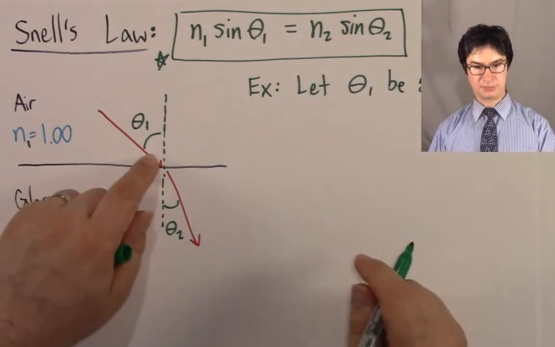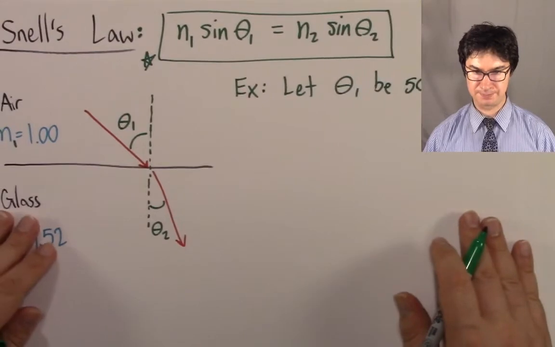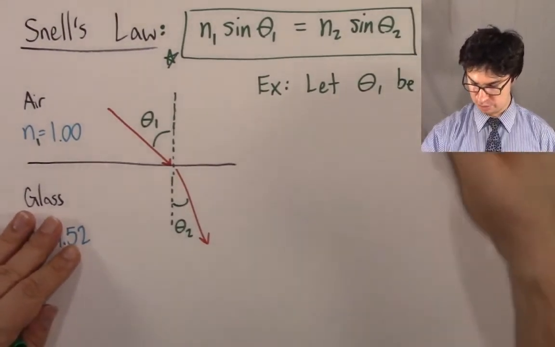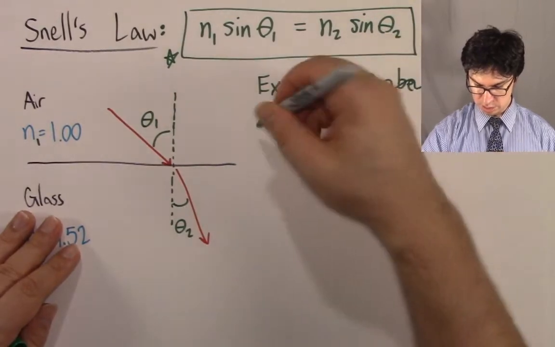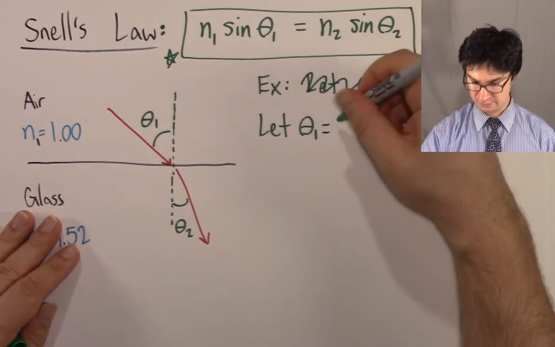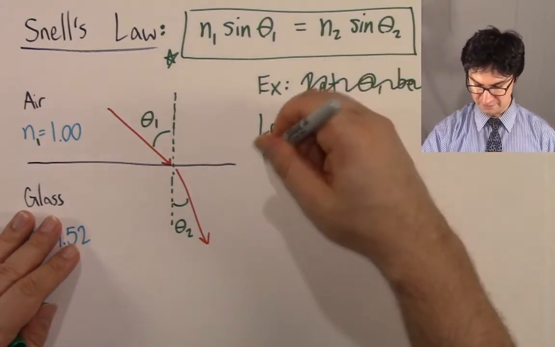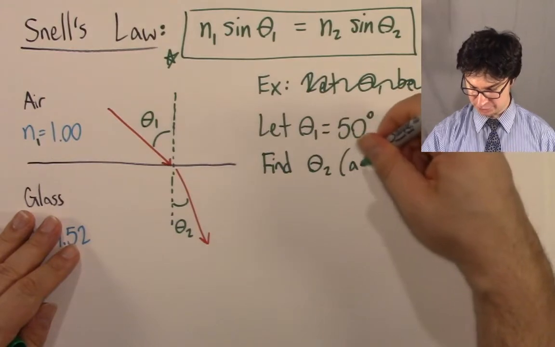That's about to scale to this diagram. Let theta 1 equal 50 degrees. We want to find theta 2. That's the angle of refraction.